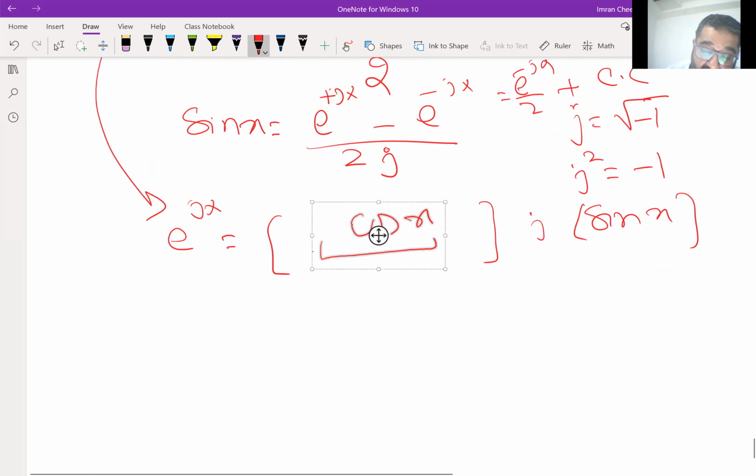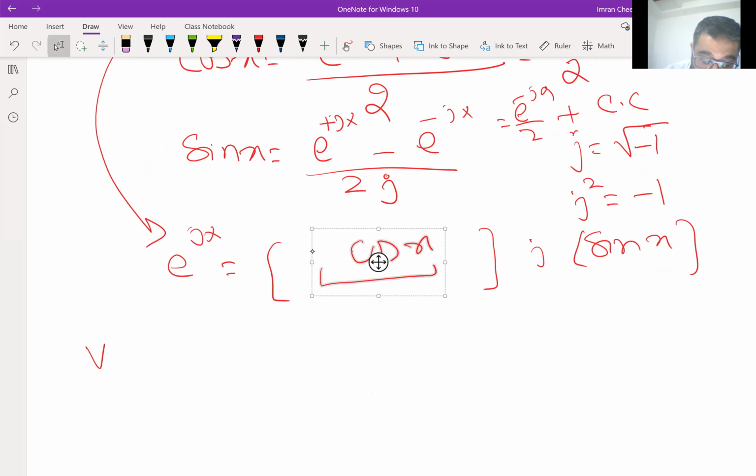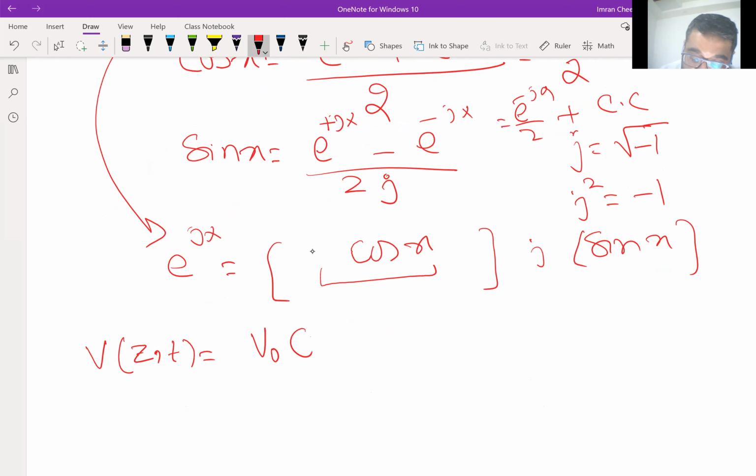So if I go back to my voltage, let me write my voltage here. V(z,t) is equal to V naught cos(omega t plus minus beta z).